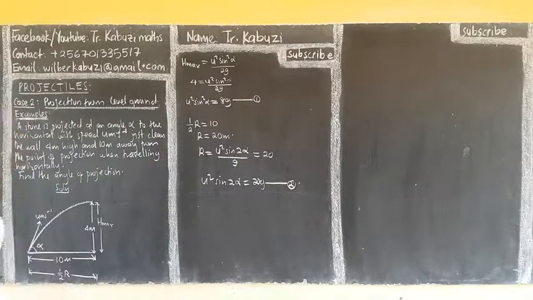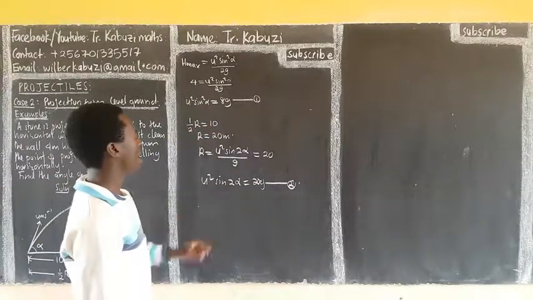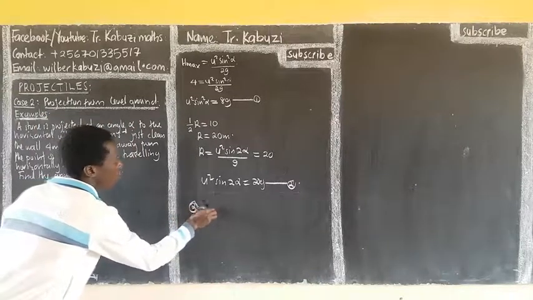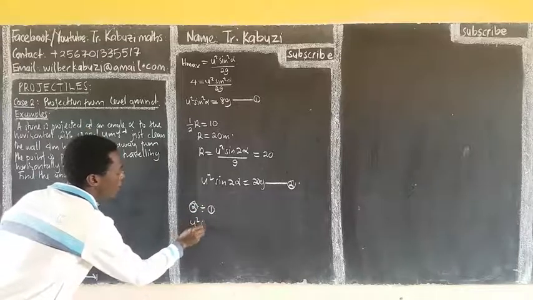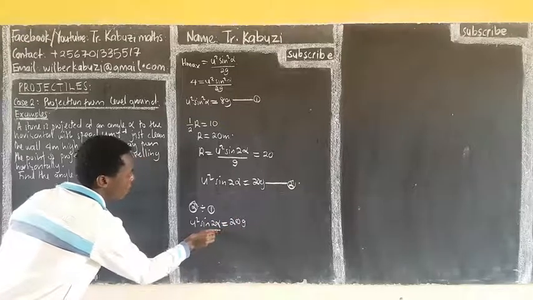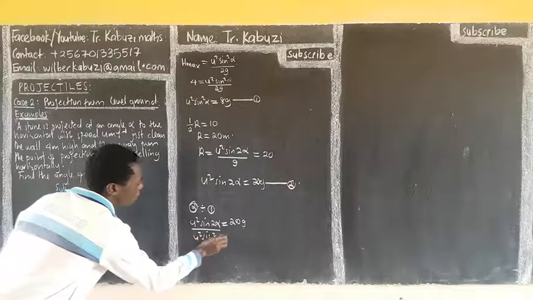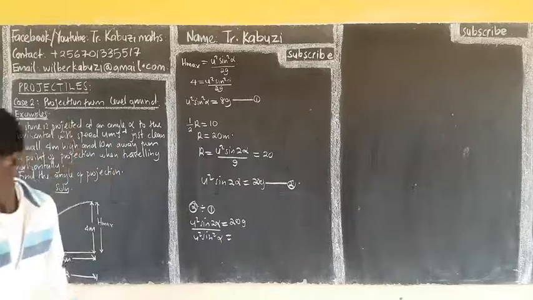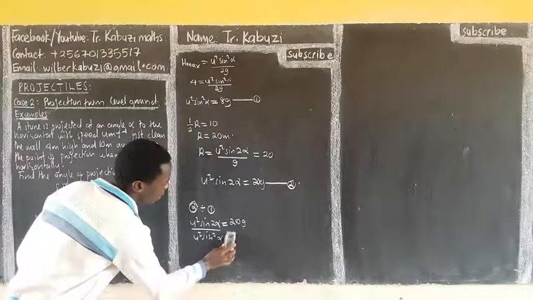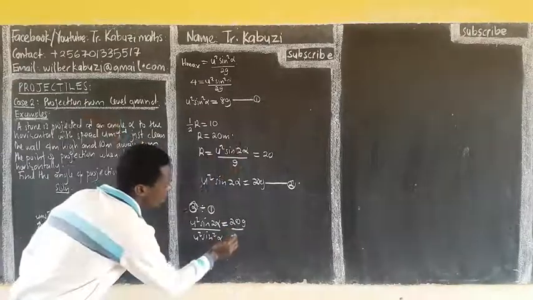After that, we see that I can easily solve these two. So I'm going to divide equation 2 by equation 1. I'll have u squared sine 2 alpha equal to 20g, divided by equation 1, which is u squared sine squared alpha equal to 8g.